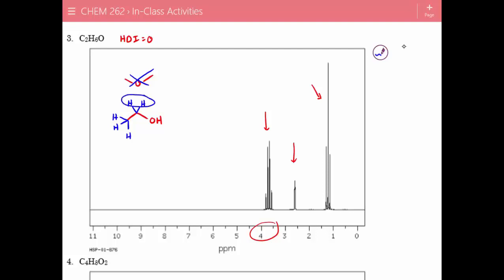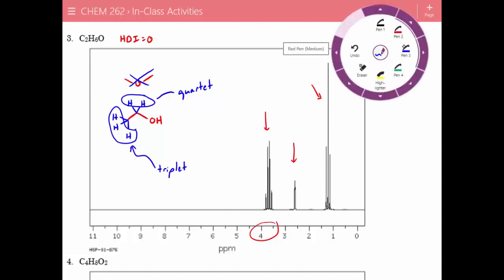So if we look at these methylene protons, they have three bond neighbors, which means that this will be split into a quartet. And then these methyl protons have two 3-bond neighbors, which means that they'll be split into a triplet.